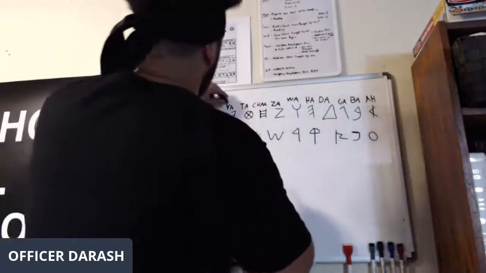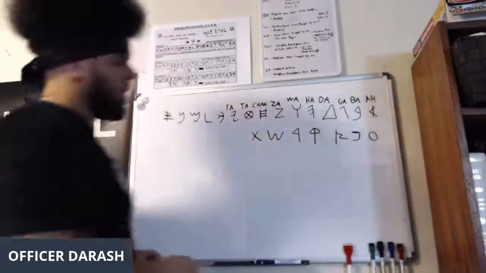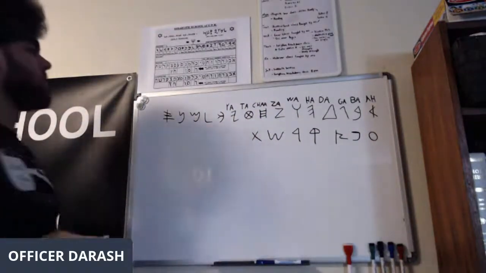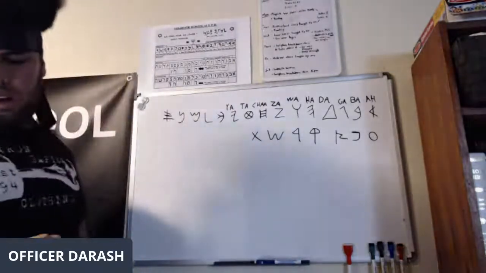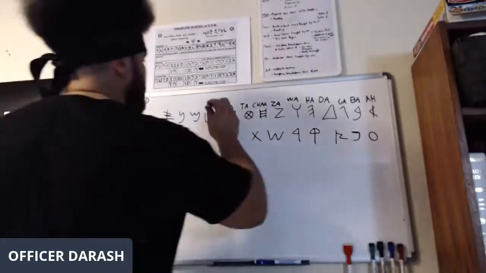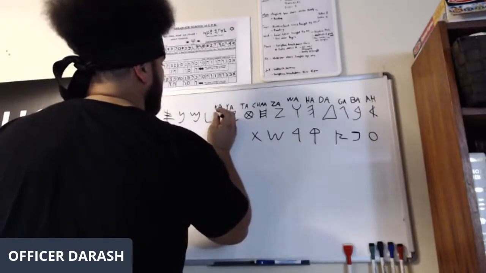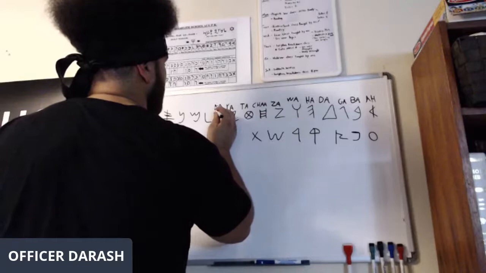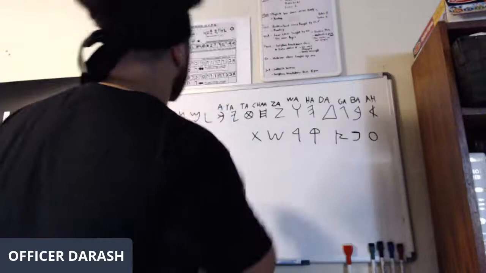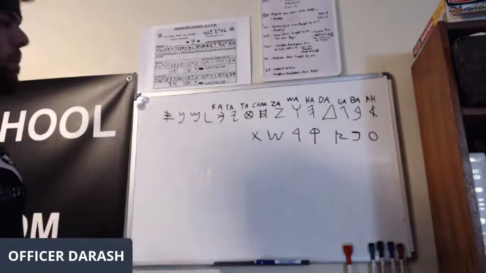Then ka, which is kama, not kama, ka. That's the ka sound. Then we got lamad.